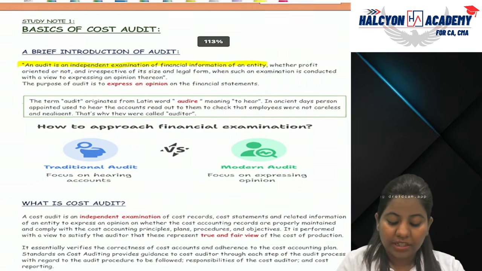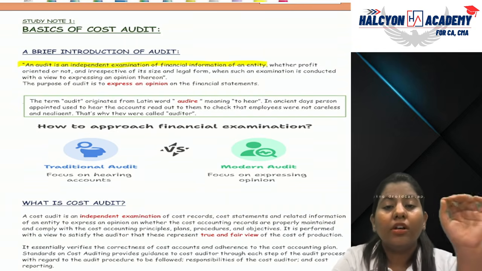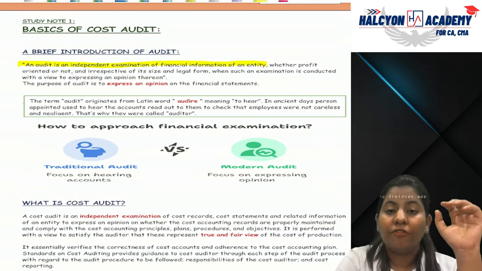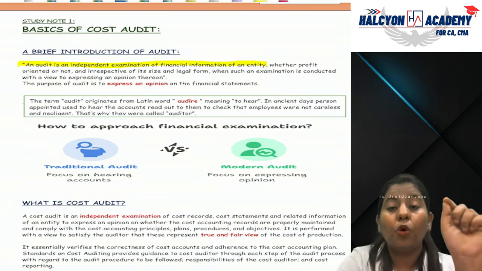When such an examination is conducted with a view to express an opinion. Now what is the purpose of the auditor? Why does he perform the audit? He examines everything in order to express his opinion.